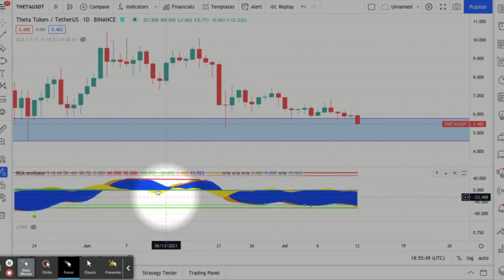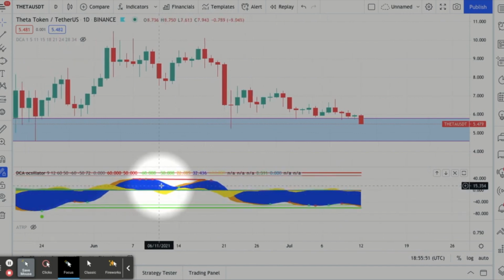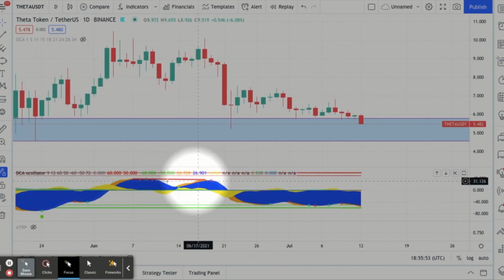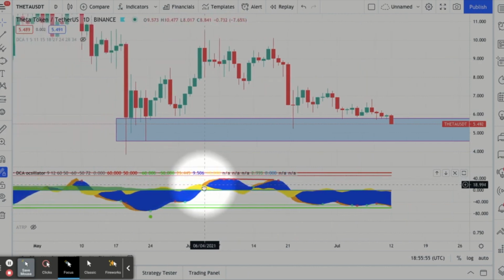And we also have some bearish and bullish divergence, okay? Bearish and bullish divergence. So what you end up having here is you literally have everything you need at your fingertips.